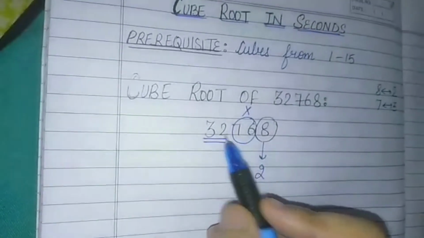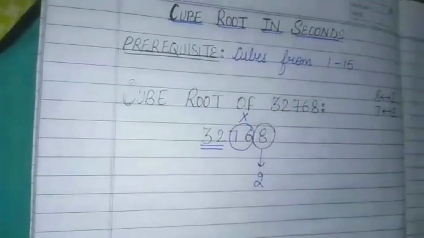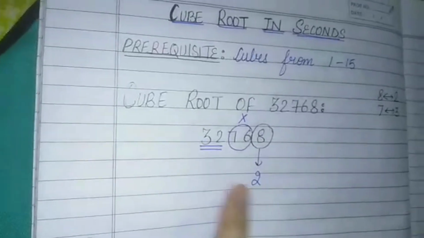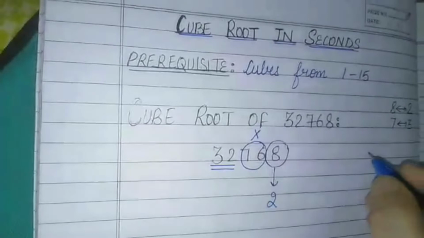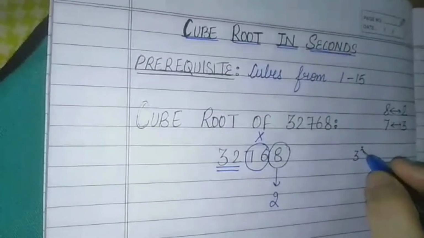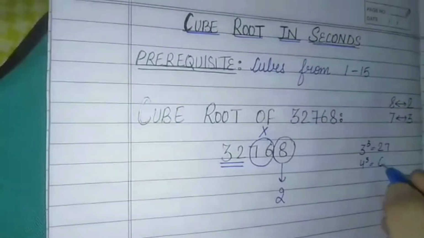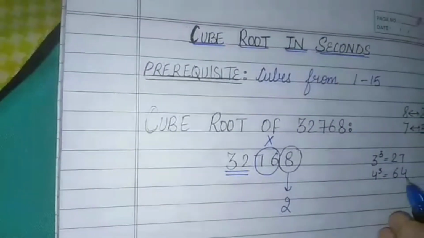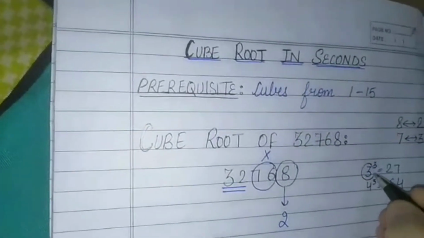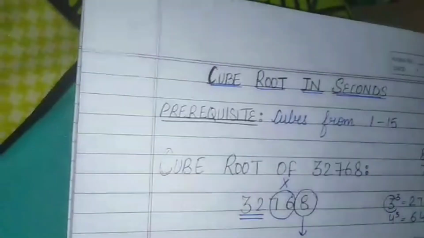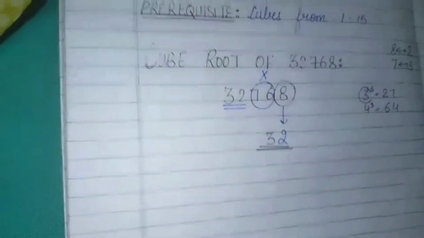We'll check which two cubes 32 lies between, and the smaller one will be our digit. 32 lies between 3 cube, that is 27, and 4 cube, that is 64. So the smaller one, 3, is what we need, and our answer is 32. See how simple it is.